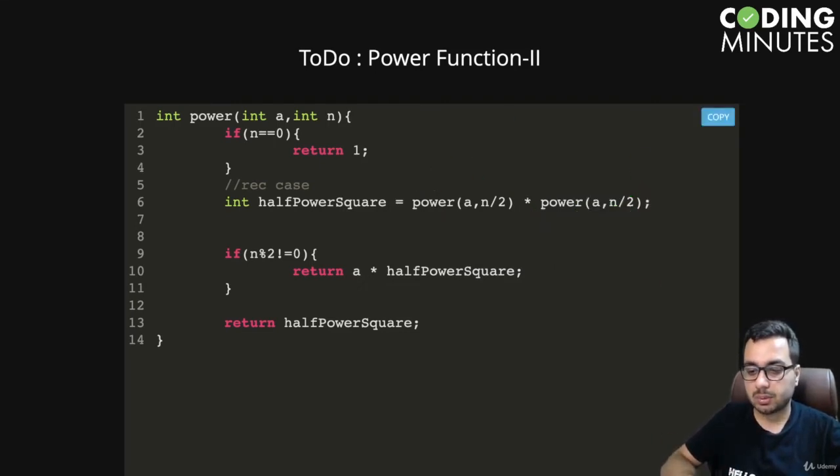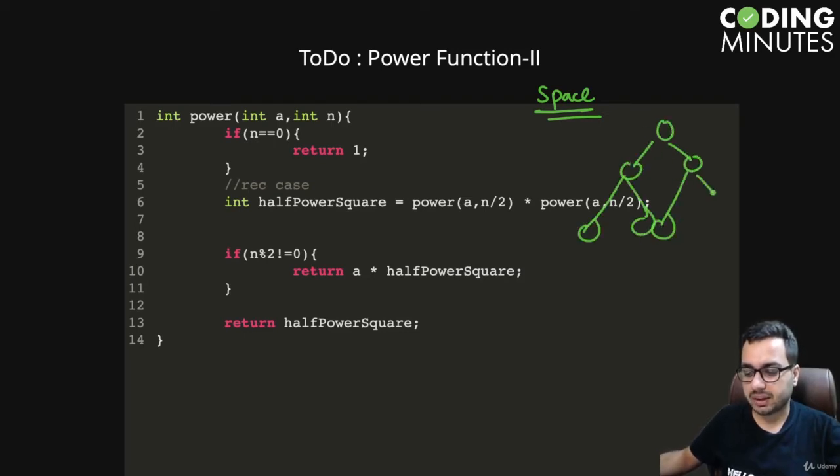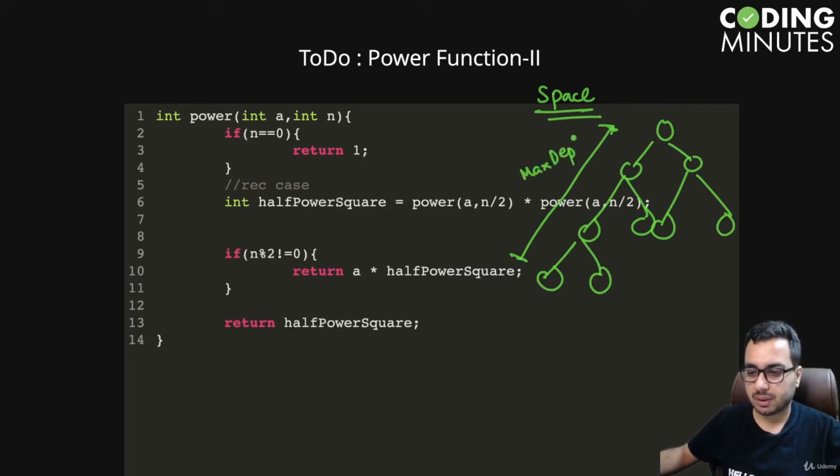So let me also talk about the space complexity of this method. When you talk about recursive programs, the space would be determined by the maximum depth of the tree. If you make a recursion tree, then the space would depend upon the maximum depth of a branch, because at any point in the call stack you're going to have only one branch.